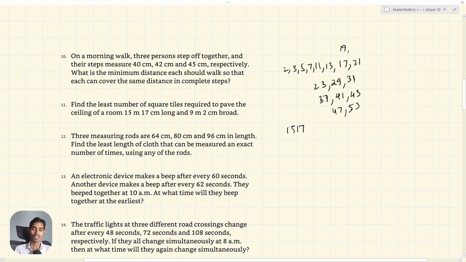Something out of the first 50 values you can get. Maybe 13. How much? 13 maybe. Just check.